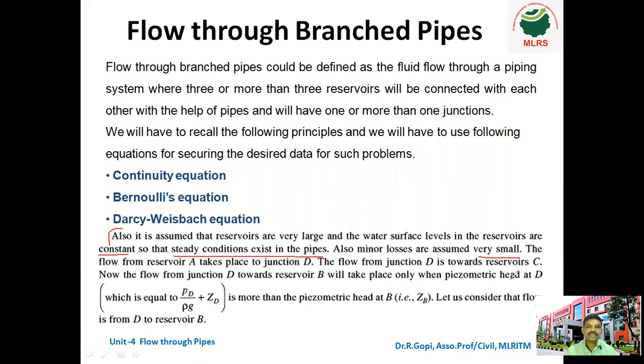Piezometric head is nothing but the summation of pressure head and datum head. That means PD by rho g plus Z is the piezometric head at point D. Okay, so you can see what is being said here.